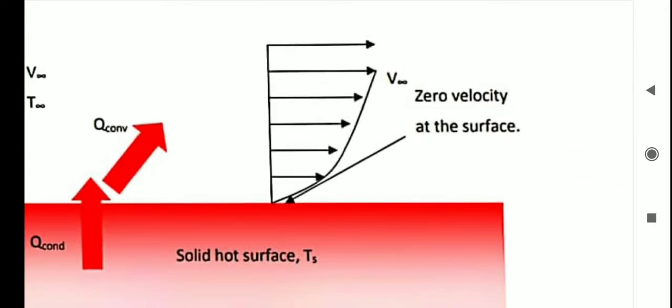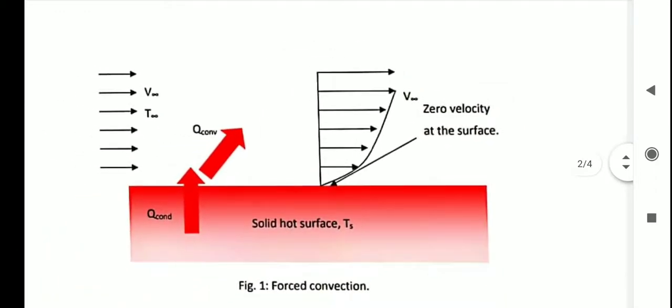As a result, the heat transfer from the solid surface to the fluid layer adjacent to the surface is by pure conduction, since the fluid is motionless. Thus h in general varies along the flow direction. The mean or average convection heat transfer coefficient for a surface is determined by averaging the local heat transfer coefficient over the entire surface.